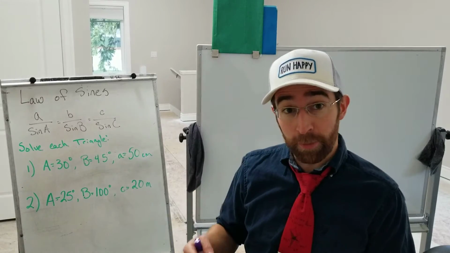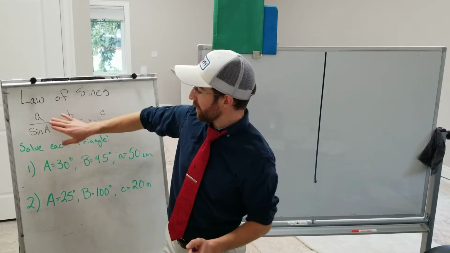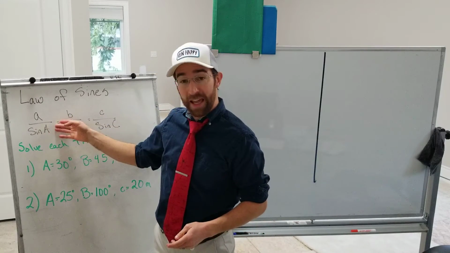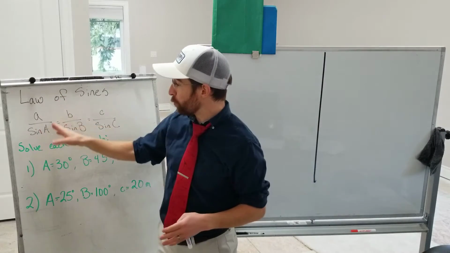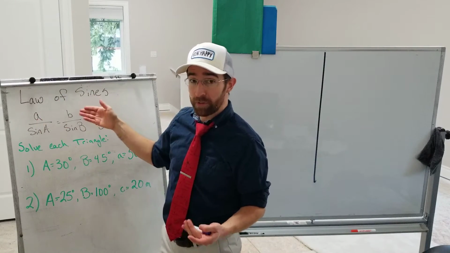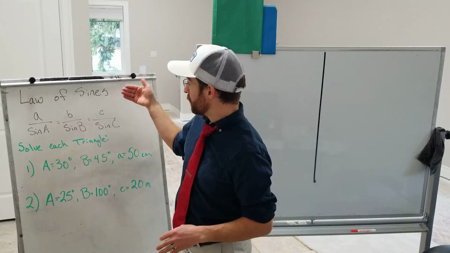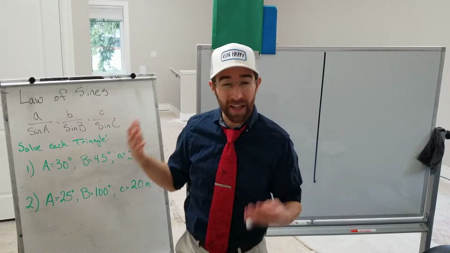This relationship is an equivalence of ratios: the length of side A divided by the sine of angle A, where side A and angle A are opposite each other, is equal to side B divided by the sine of angle B, which is equal to side C divided by the sine of angle C.